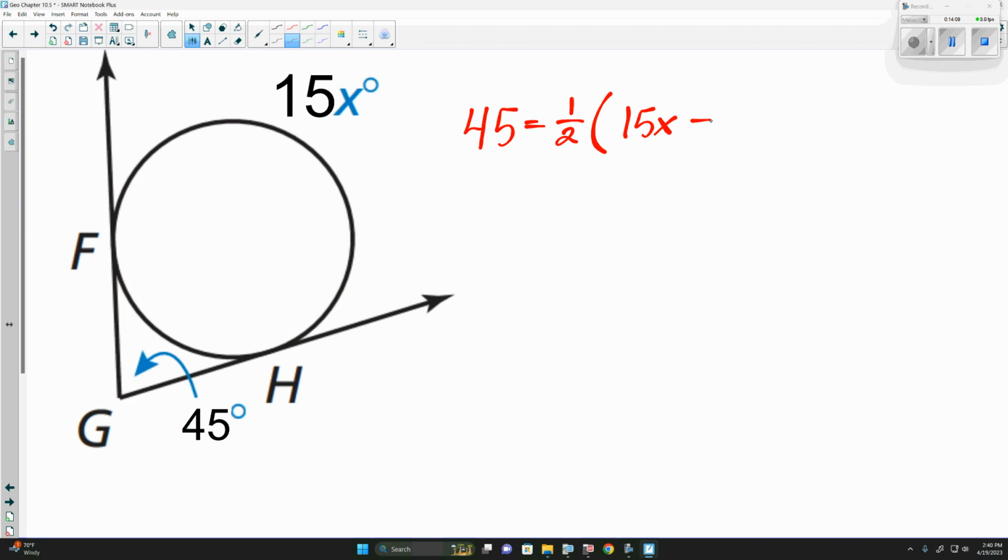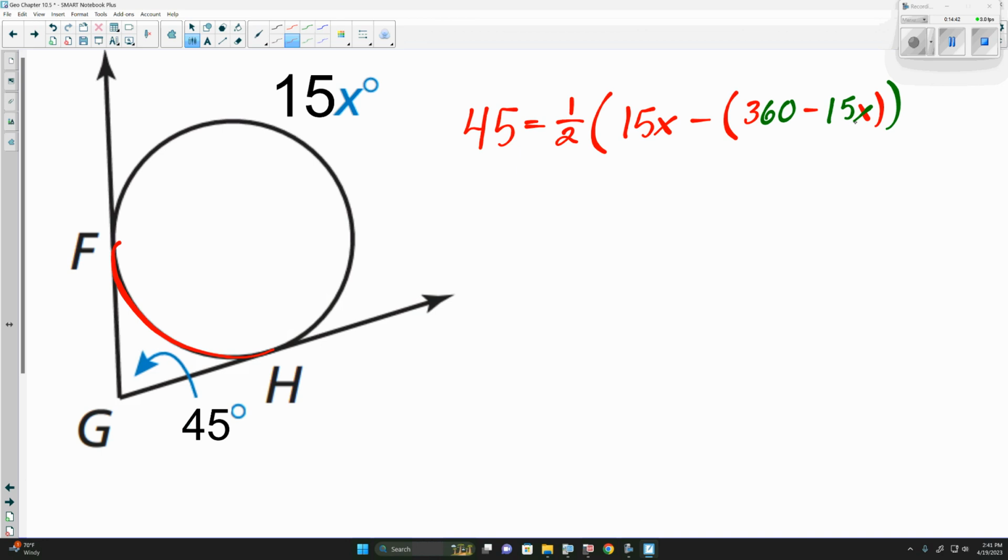What is the smaller arc? Well, because it's arc FH, yes? But we don't have a measure for it, do we? What is the whole circle? 360. So I know for certain that whatever that measure is, the whole circle is 360, and if we take whatever 15x is from it, we would have that smaller section, yes?